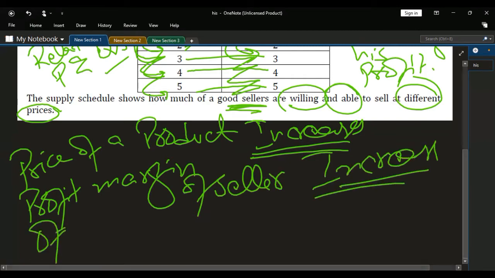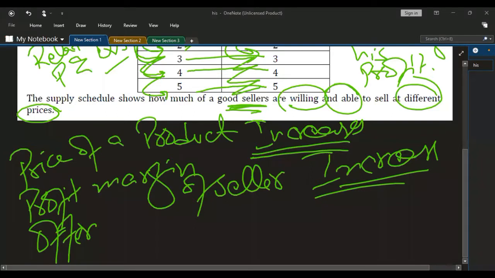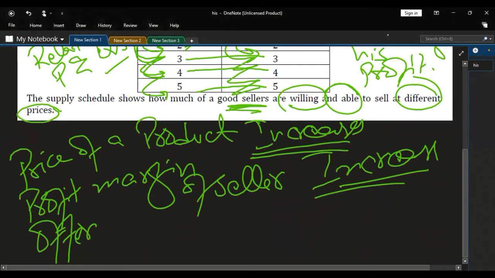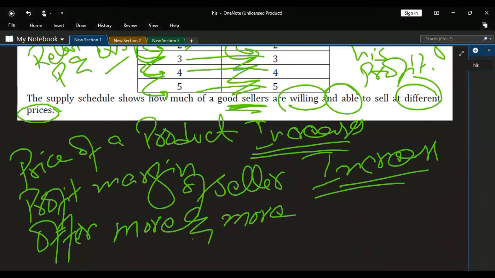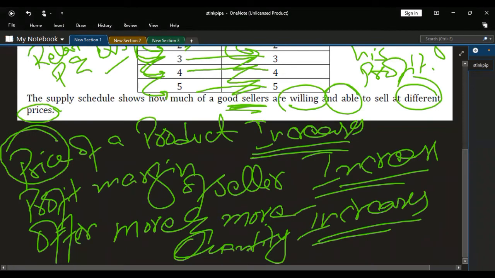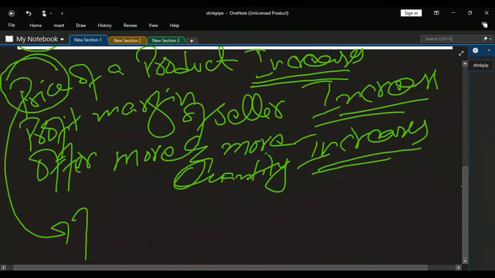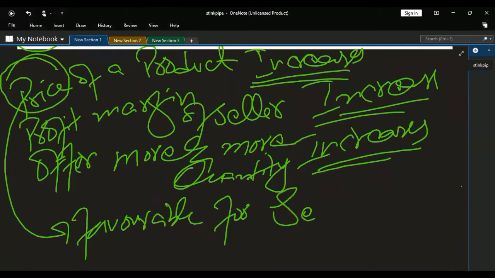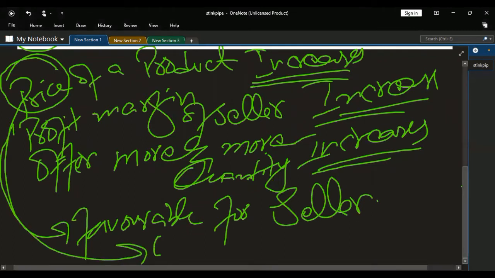Therefore, he offers more and more quantity of such good. Therefore, we conclude that increase in the price is favorable for the seller, therefore, he will increase the quantity supplied.